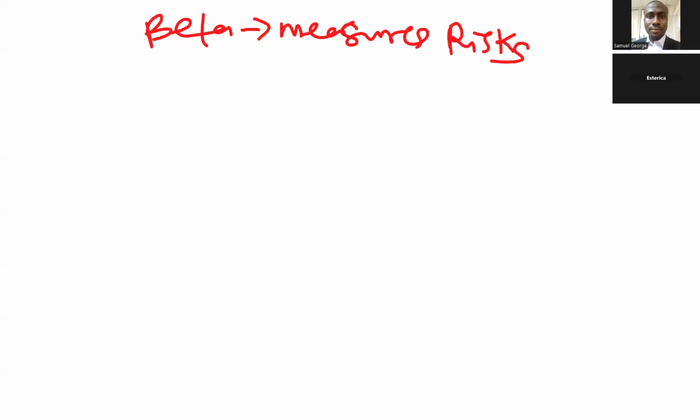So let's quickly discuss beta. Beta measures risk. Basically, two types of beta will be discussed. Well, we have three.